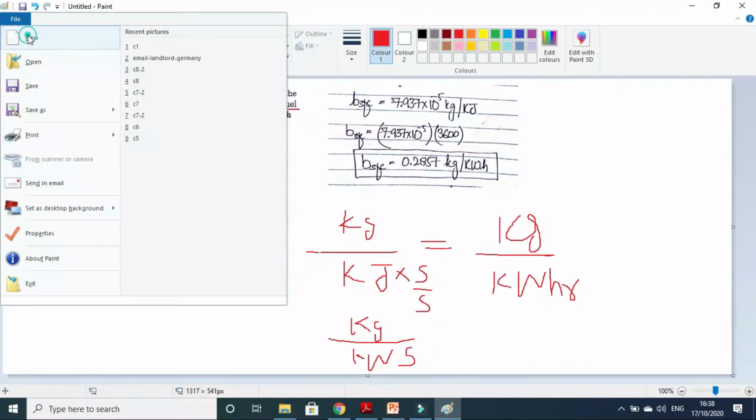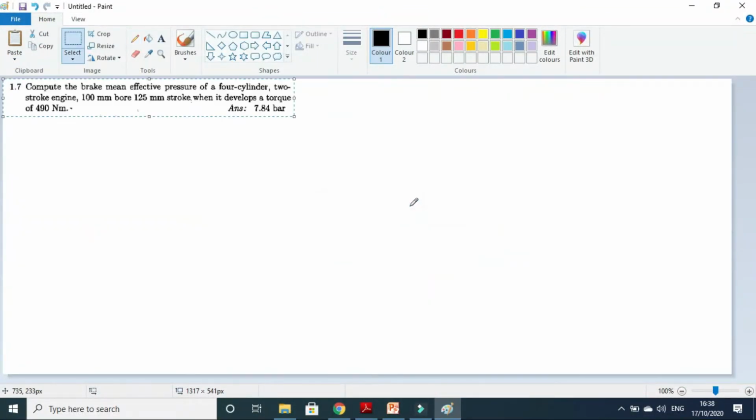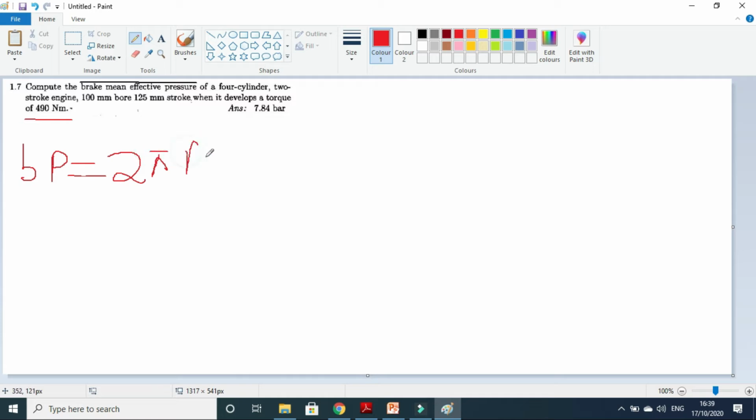So this is the numerical. Now you should know what the keywords are. You should know the brake mean effective pressure formula, and you should also know that it develops a torque. When the torque is given, you can calculate the brake power with this formula: 2 pi N T. I think this formula you must have also used in matric or in first year or in second year.